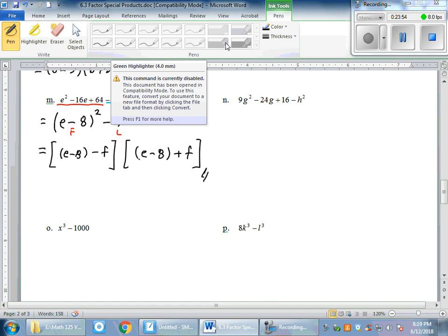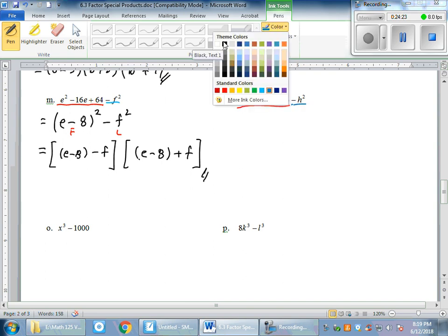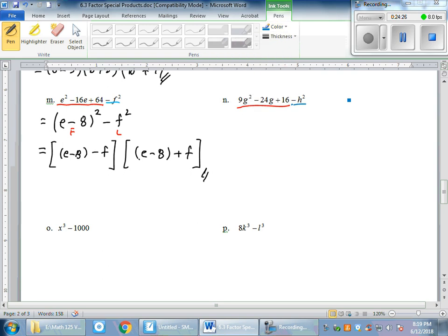Continuing on to the next problem. Again, we have 4 terms, so I have to do grouping. And when we start talking about grouping, we have to consider grouping 2 by 2 or 3 by 1. Noticing that this is a perfect square trinomial, we group 3 and 1. So 3 terms and 1 term. This is basically 3g squared, a perfect square. This is basically 4 squared. This part you have to do mentally.